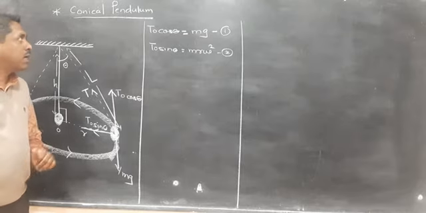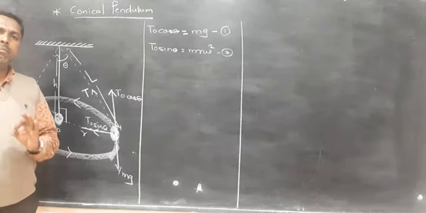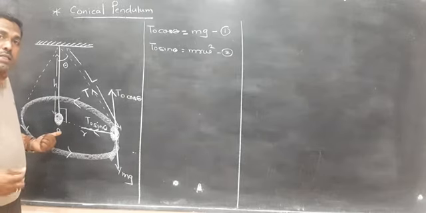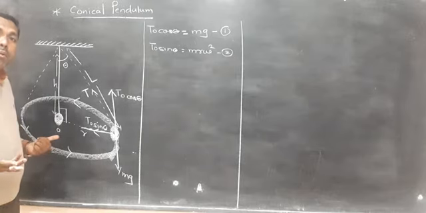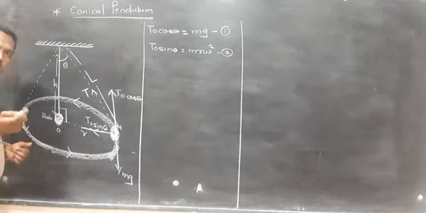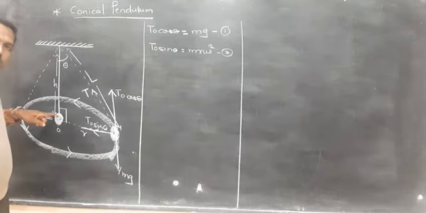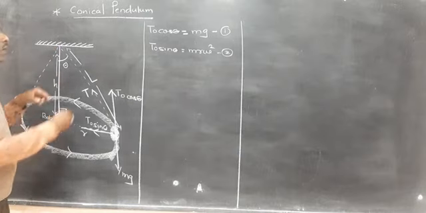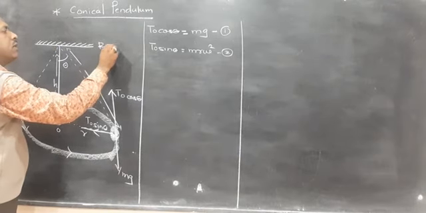What do we understand by conical pendulum? Pendulum is a heavy point mass called a metallic sphere, called a bob, to which one end of the string is attached, another end of the string is supported by a rigid support.